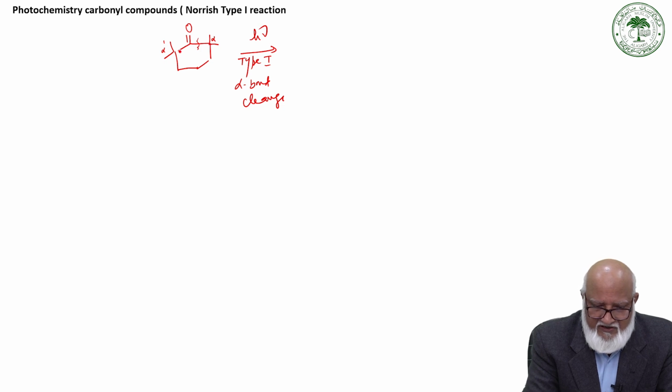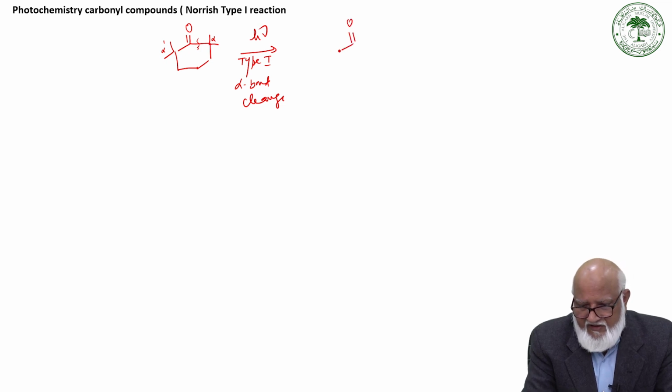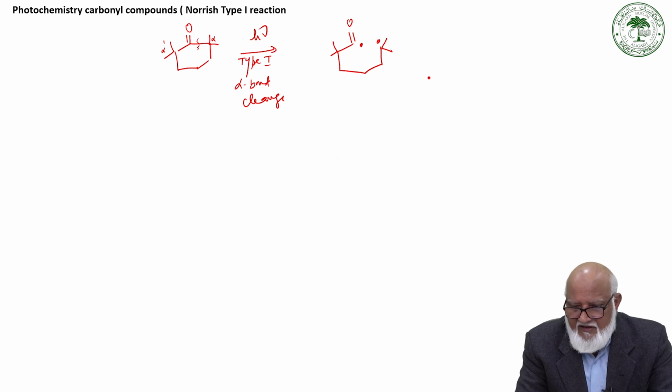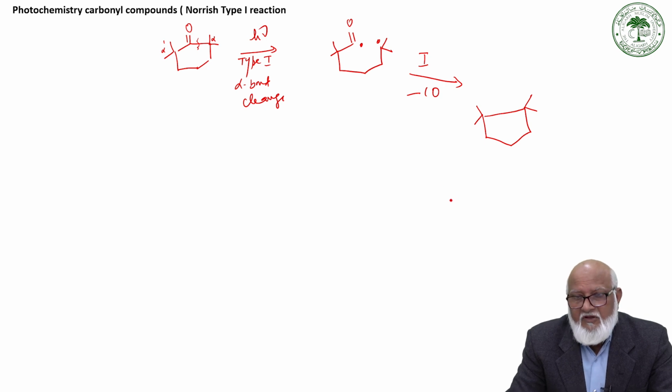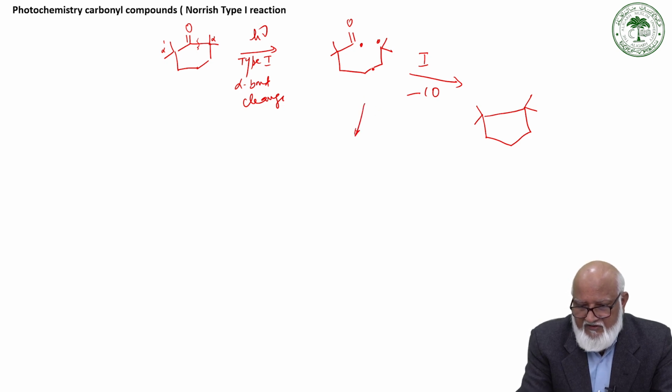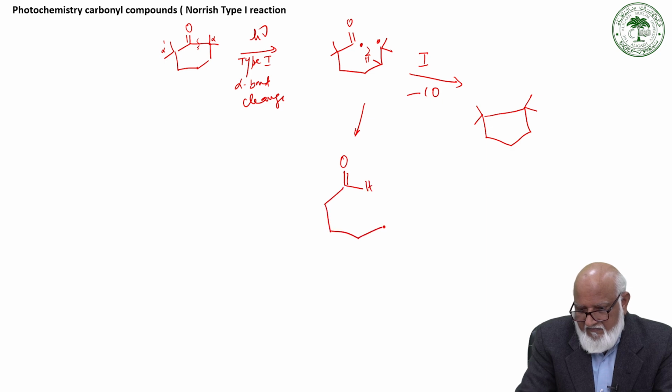Either we cleave this and get a radical here, or cleave this; we can cleave any of the alpha bonds. Then different pathways are open. One is decarbonylation, giving one of the products formed through the loss of carbon monoxide. Then the corresponding aldehydes: this radical abstracts a hydrogen from here to give an aldehyde with a double bond. This is an enaldehyde.